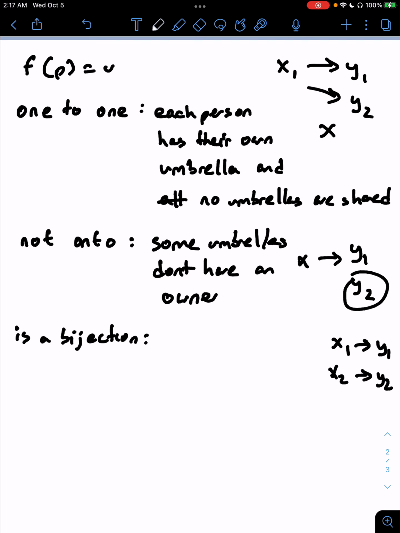So for this, what you do is you basically just combine 1-to-1 and reverse what you did for not onto, because it has to be onto, right?